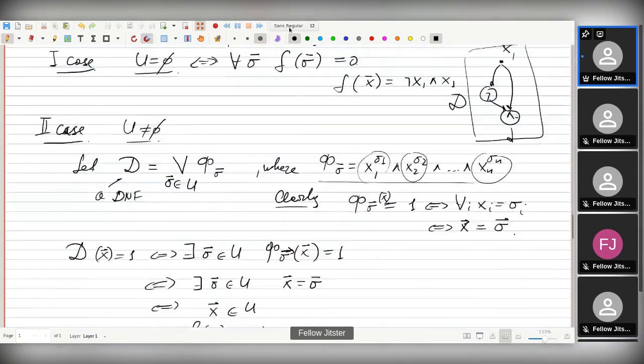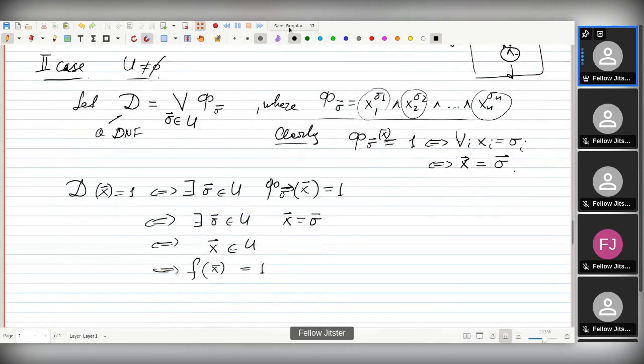So it is a DNF, and this DNF returns 1 if and only if f returns 1. If two Boolean functions return 1 at exactly the same inputs, that means that they return 0 at exactly the same inputs. That is, these two functions are equal to each other.